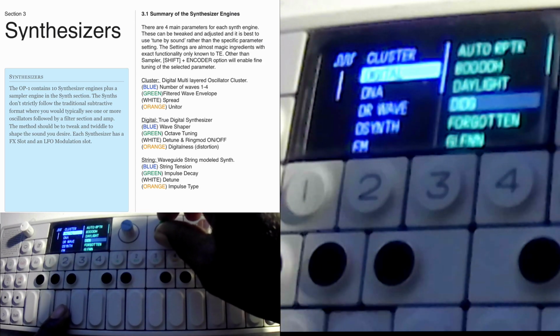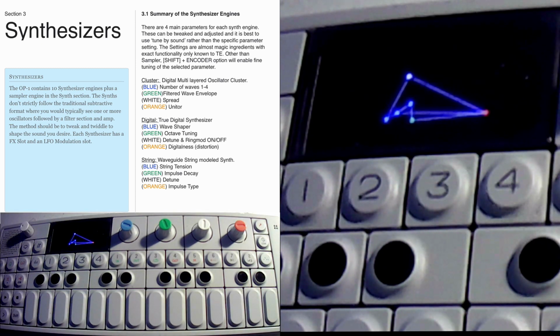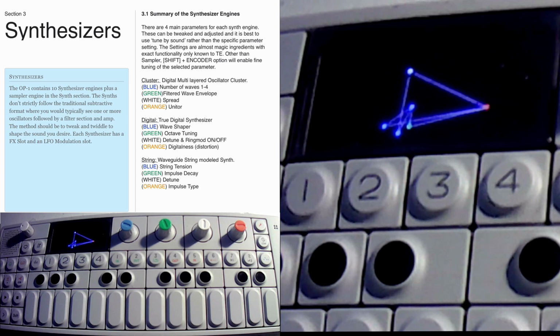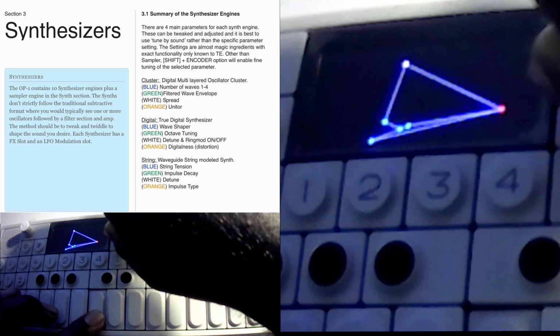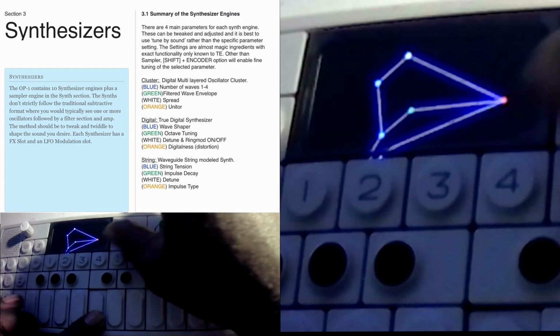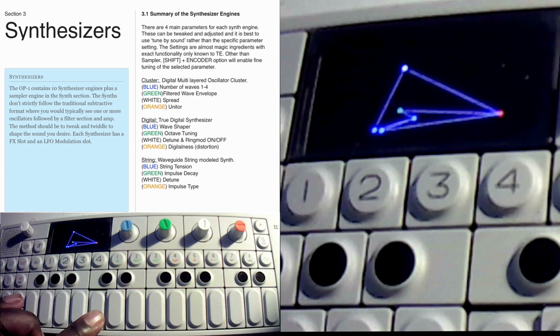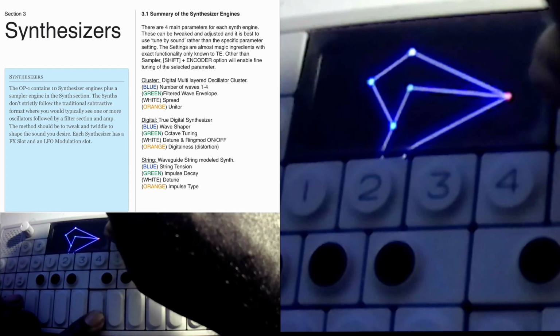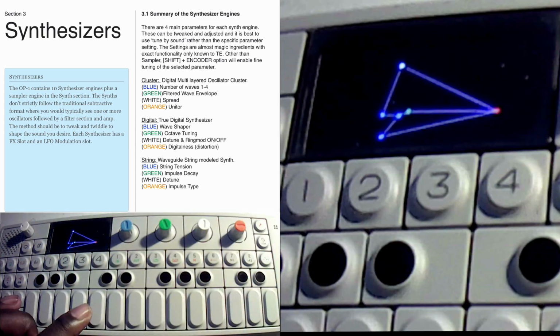Let's use this one as an example. The digital synthesizer is a true digital synthesizer apparently. The blue knob, when you're in this mode, controls the wave shaper. That's fully open, that's fully closed.